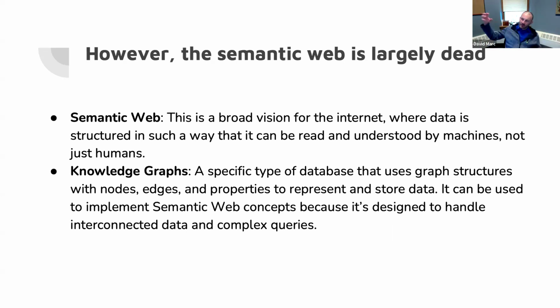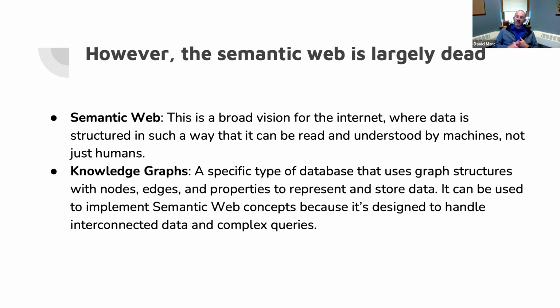So this is where knowledge graphs walk in. It's a specific type of database that uses graph structures with nodes, edges, and properties, intended to provide a conceptual framework or ontology for how we understand and access data, not just public data online, but any sort of data.